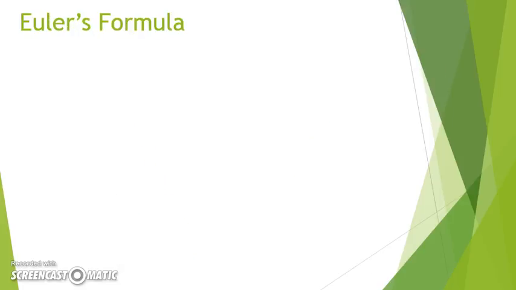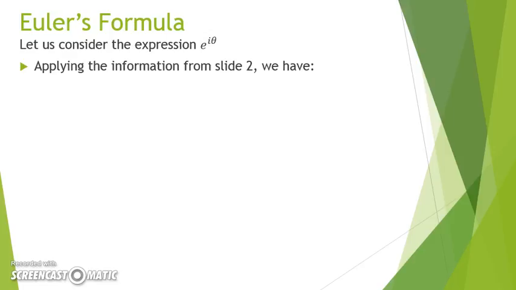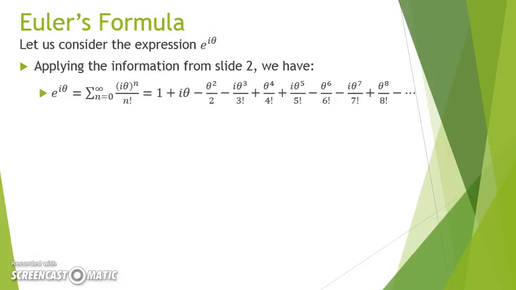All right, so now we're going to get to what's known as Euler's formula, which again is, in my opinion, one of the coolest formulas in mathematics. So let's just consider the expression e to the i theta. Applying the information from slide 2, where we had e to the z equals the sum from n equals 0 to infinity of z to the n over n factorial, we have e to the i theta.